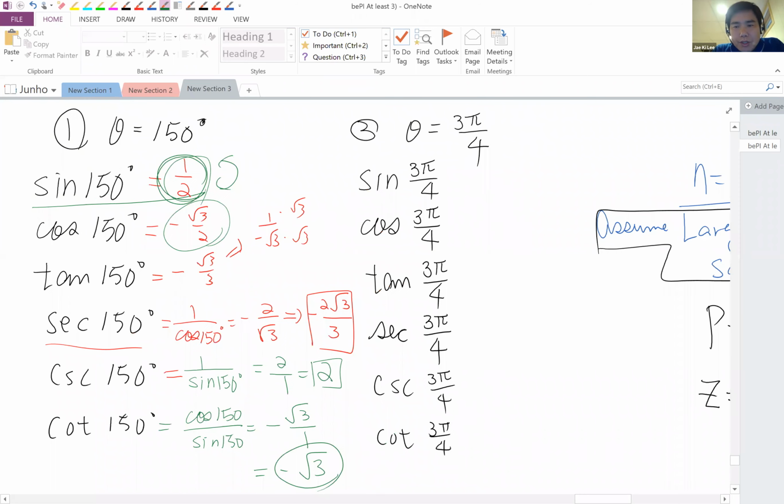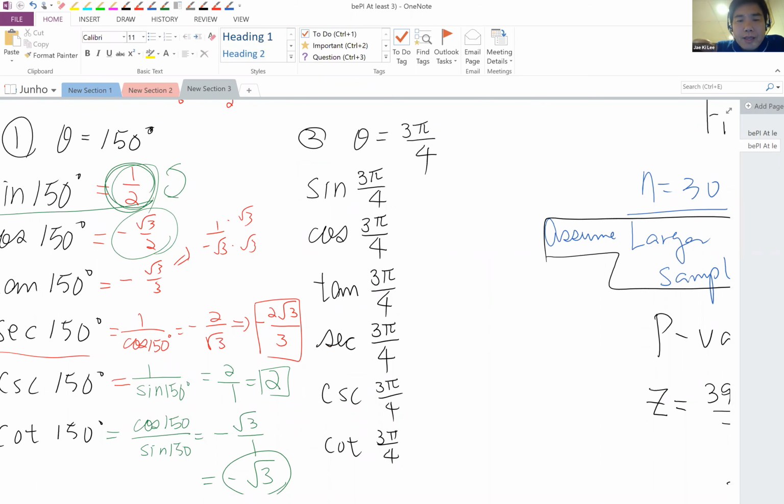Okay, number 2 here, sine 3 pi over 4: root 2 over 2. Cosine 3 pi over 4: negative root 2 over 2. Tangent 3 pi over 4: negative 1.